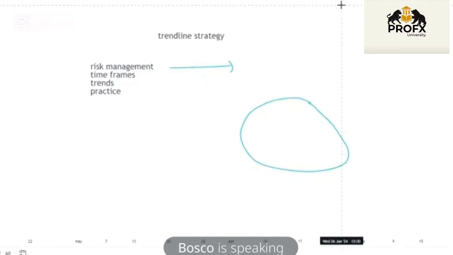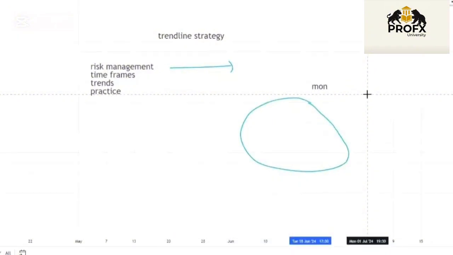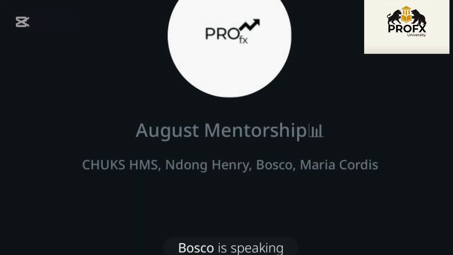So in this circle, let's just assume that our monthly inflow is $1,000.